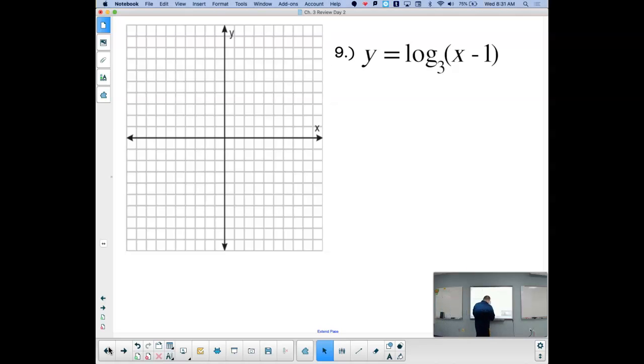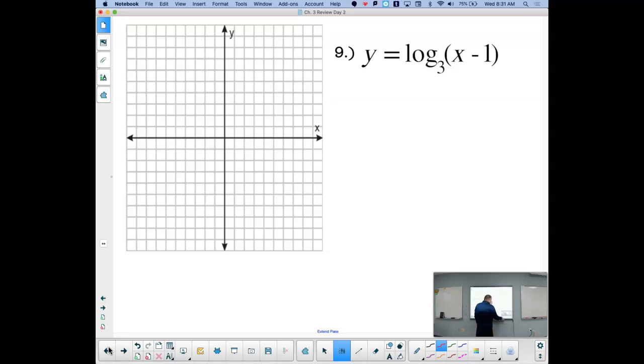So this one's a logistic, or excuse me, I almost said logistic. This is a logarithmic one, okay, which is an inverse of our exponential, because logs and exponentials are inverses of each other. Okay?